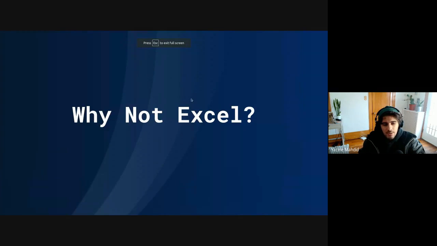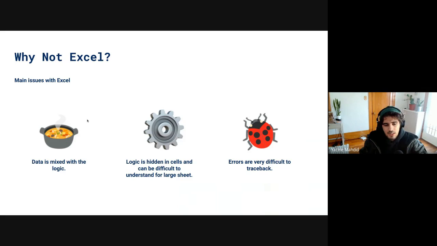So yeah, why not Excel, right? You could technically do some data science with Excel. However, I think it's a bad idea most of the time, mainly for three reasons. The data is mixed with the logic. What I mean by that is Excel is great because it's a sheet, and then you have your data, and you can put your rows and stuff.